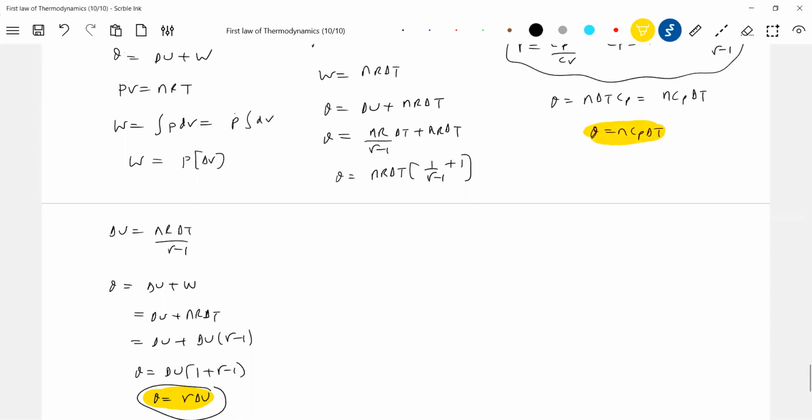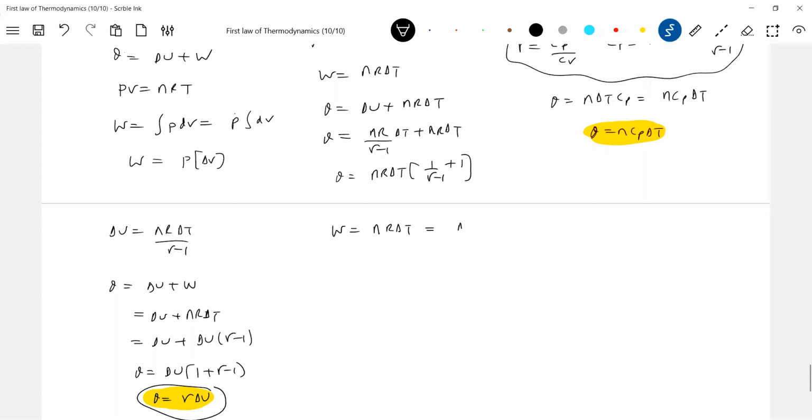Okay, now how are Q and W related? Let's check it. How are Q and W related, how are W and delta U related? That also we will see, all the things. So next again, I know delta U. So the relation for W is equal to nR delta T. nR delta T, what you can write it as?